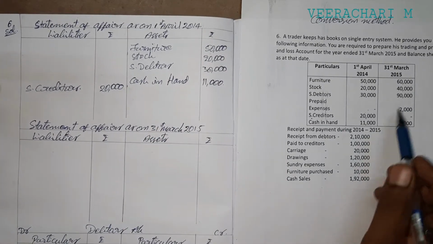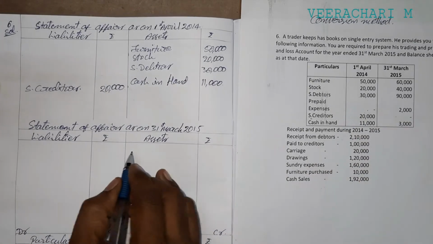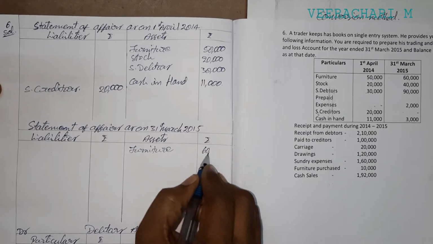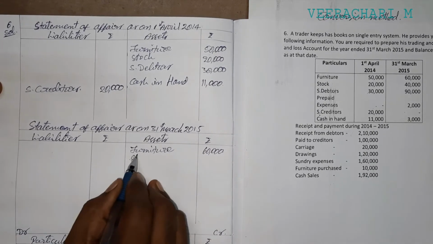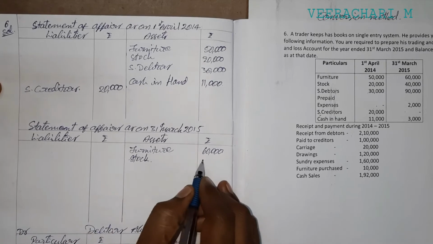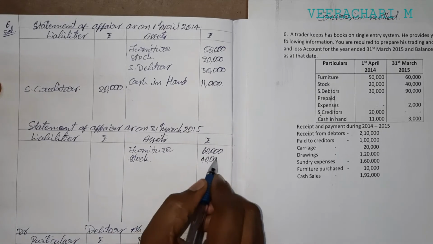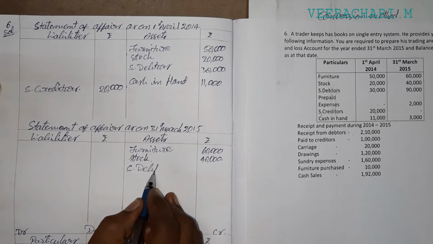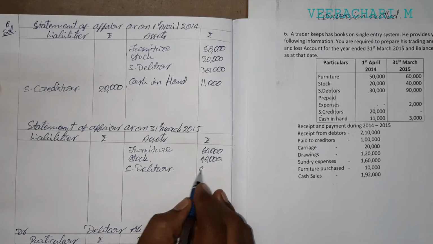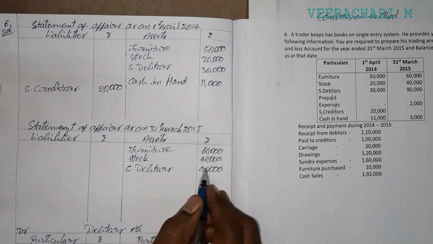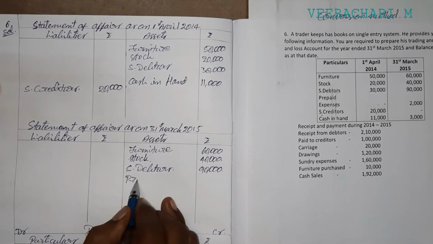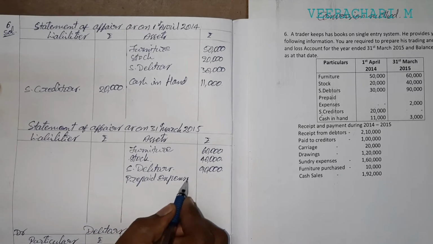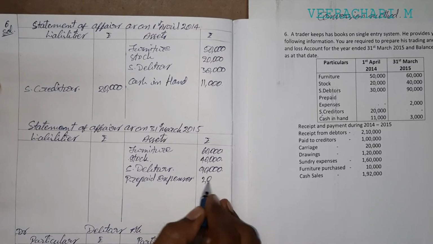And now the closing balances. Furniture is 60,000. Stock, the closing value of stock in 2015, is 40,000. Sundry debtors is 90,000, and prepaid expenses are 2,000 rupees.